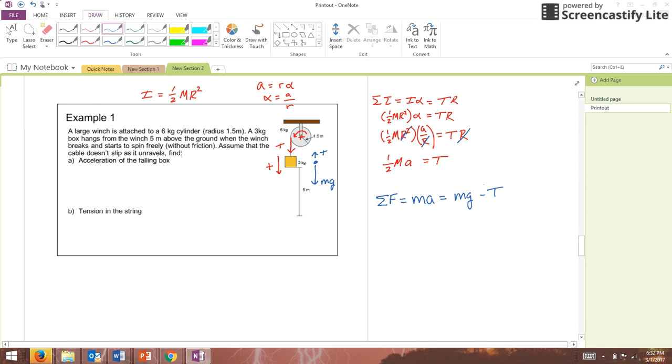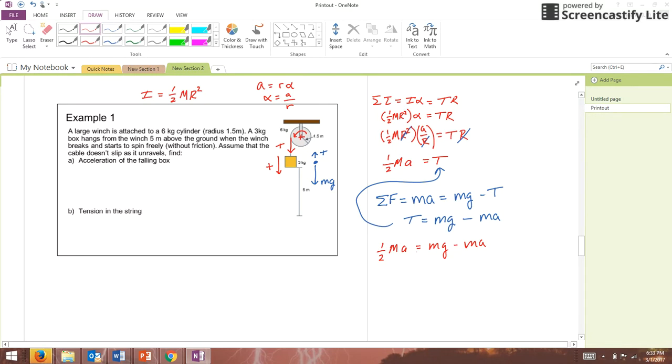So we're trying to solve for a. So what we really want to do is substitute that T in there. So we're going to just say T is equal to mg minus ma. And then we will take this and substitute it in there. So what that gives us is 1/2 Ma equals mg minus ma.